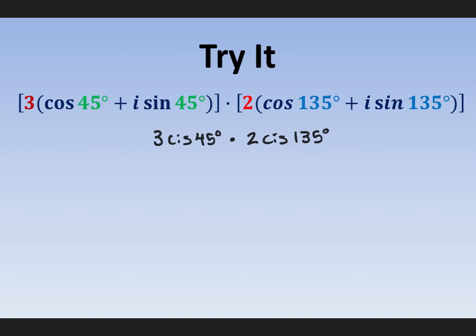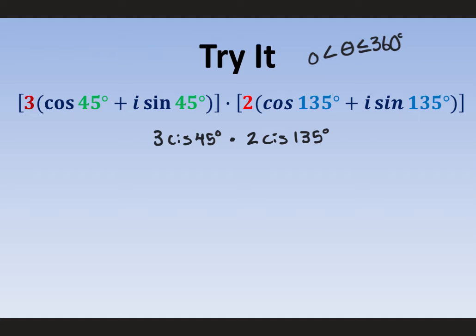The only thing we really have to worry about is, when we add those angles together, if they go over 360, or when we subtract them, if they go negative, we're going to put them back to something coterminal. We usually want our theta to be somewhere between 0 and 360. Usually the directions will tell you that. If possible, keep your theta between 0 and 360. If it goes over, move it back, or if it goes under, add to get it back.